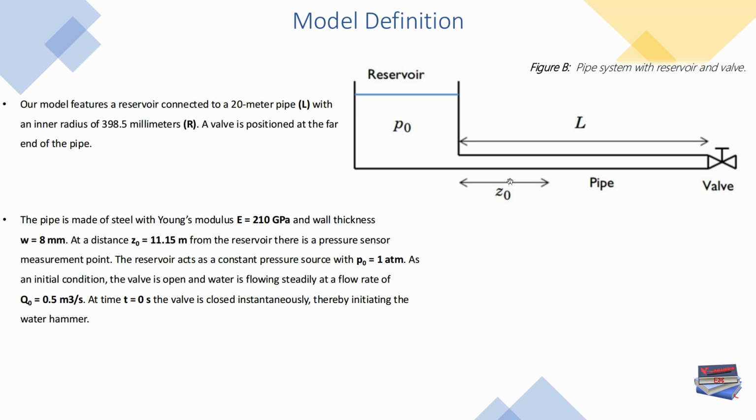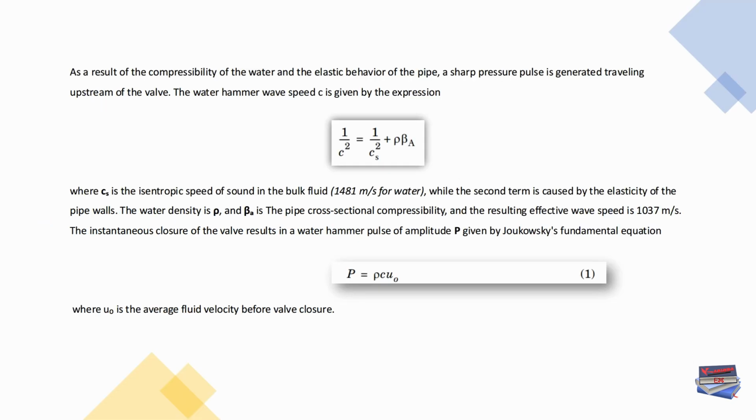The wall thickness of our pipe is 8 millimeters, and we must also consider the material, which is steel, and the Young modulus, which is 210 gigapascals. The speed of the pressure wave is determined by the compressibility of the water and the elasticity of the pipe.